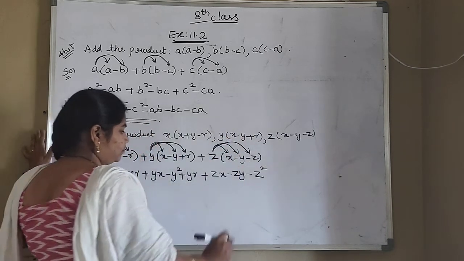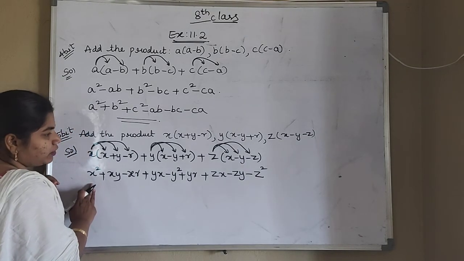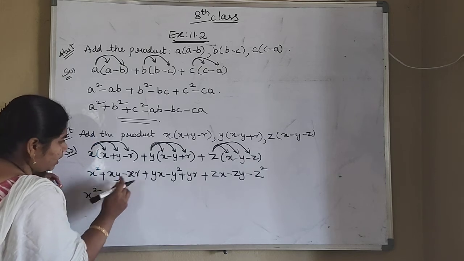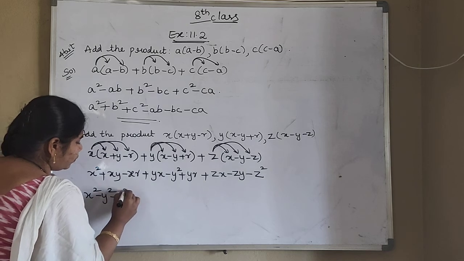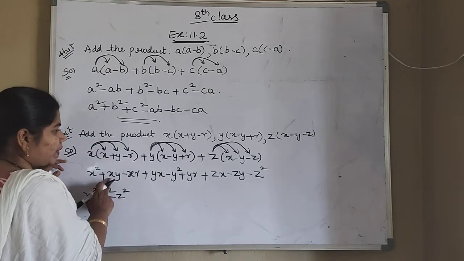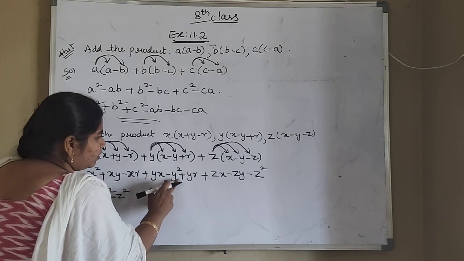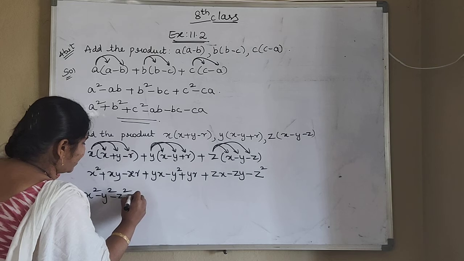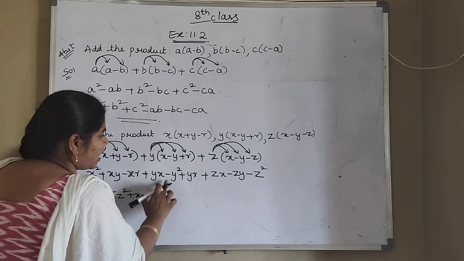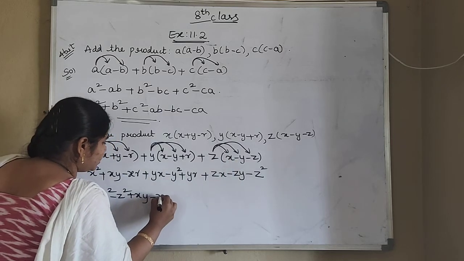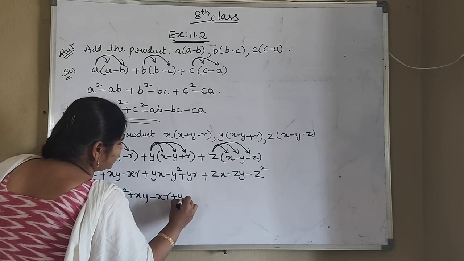If you have any like terms you can add here. First you write the square terms together: x square minus y square minus z square. Now plus xy, anywhere you are seeing the xy term, no xy term, so write as it is. Next, xr, anywhere you are seeing xr, no, so write as it is. yx, anywhere you are seeing yx, no, so write as it is.